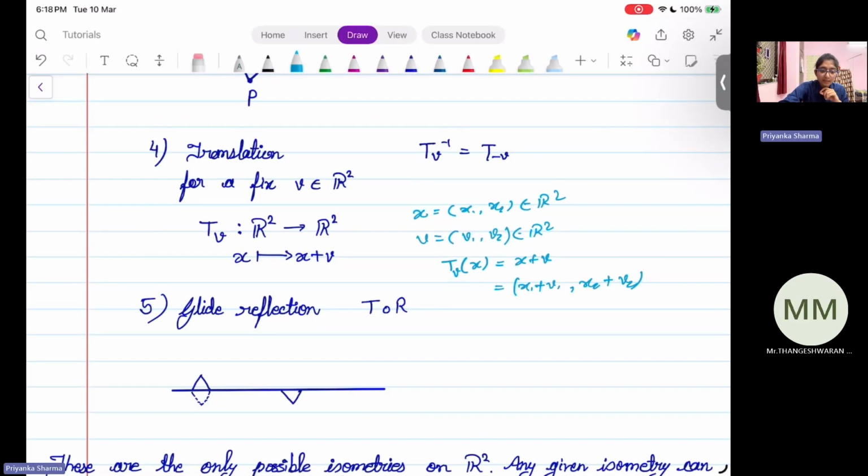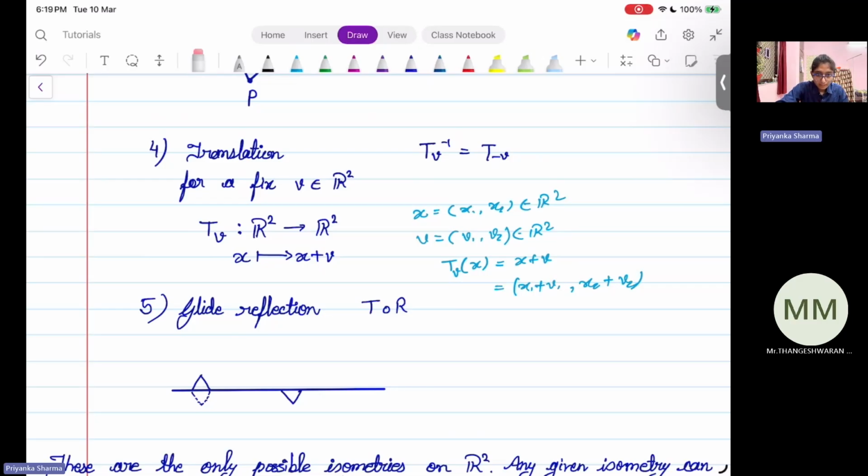Here we suppose this is the original position of some object or some point. Actually, this will be some point, but to represent it properly, we are taking this instead of some point P. Okay, so this is the initial position.